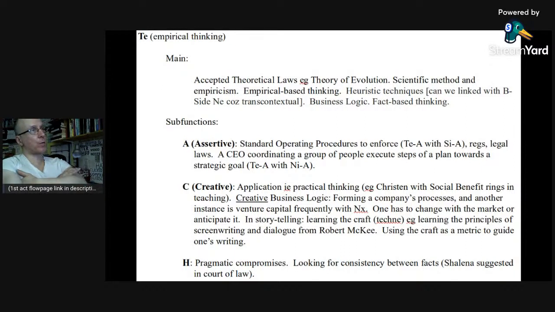So, yeah, I actually know an ESTJ who's working on creating the procedures in a business. So ESTJs can be creative: forming a company's processes, and another instance of venture capital. You can have an ESTJ go into a business that's launching, and this is the example I got from the person that told me.